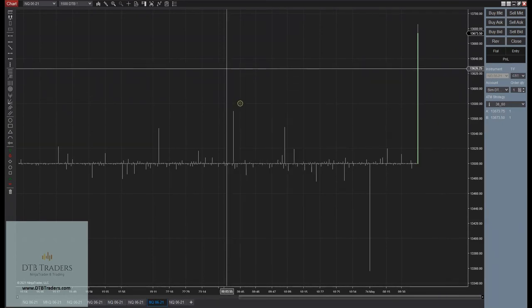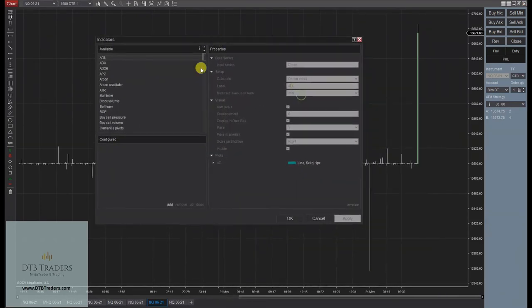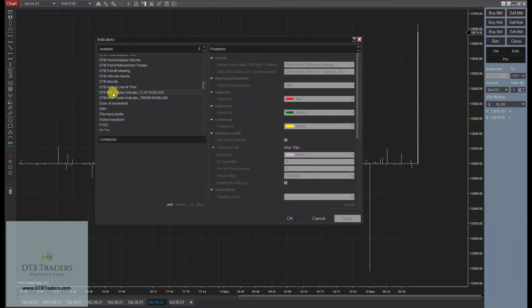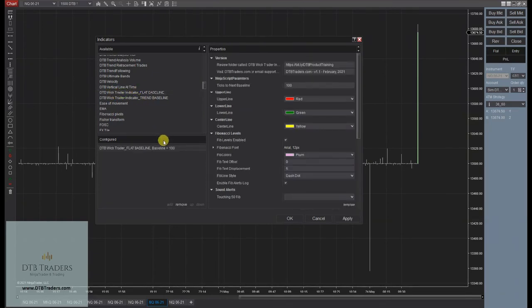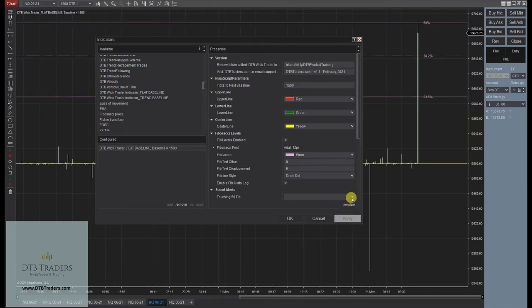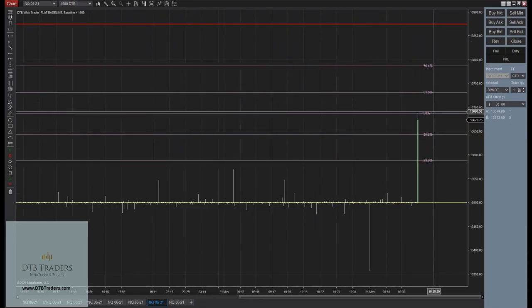So the indicator that just helps with this to see where price is the flat baseline indicator. So Wick Trader flat baseline, and we use the value of the chart that we're looking at. So because we're running a 1500 chart, we're going to add ticks to next baseline. We're going to make that as 1500, and then apply that, and then OK.